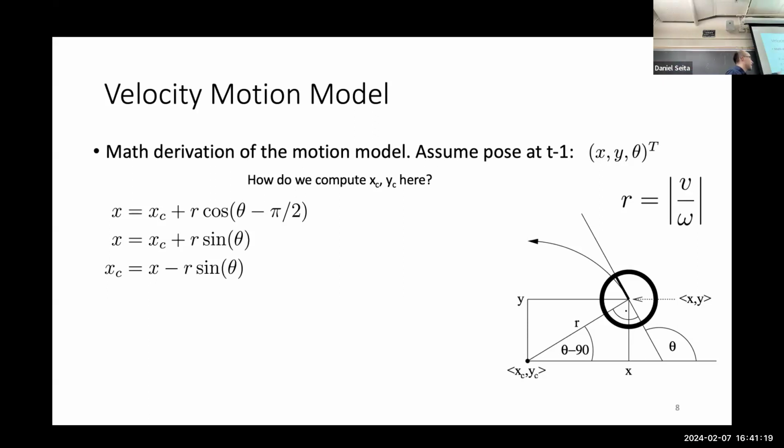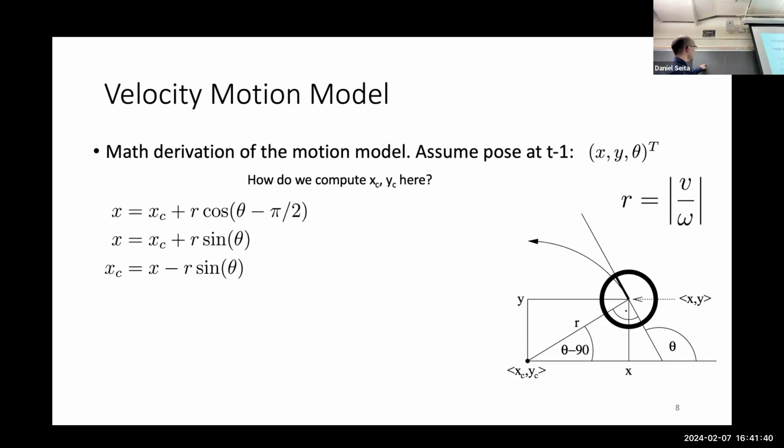All right. So let's say we're trying to find what this is. Then this angle is theta minus pi over 2. I don't know why they use degrees because radians are superior to degrees.